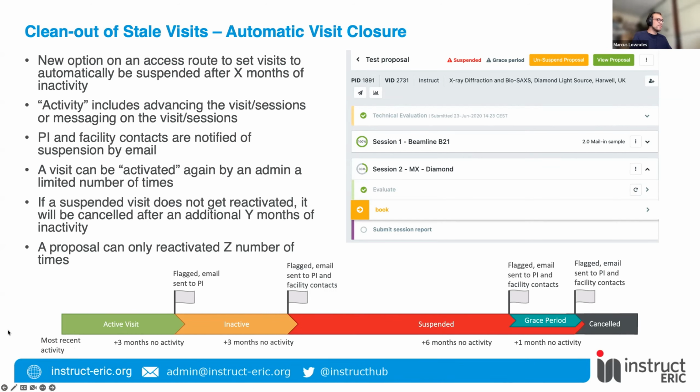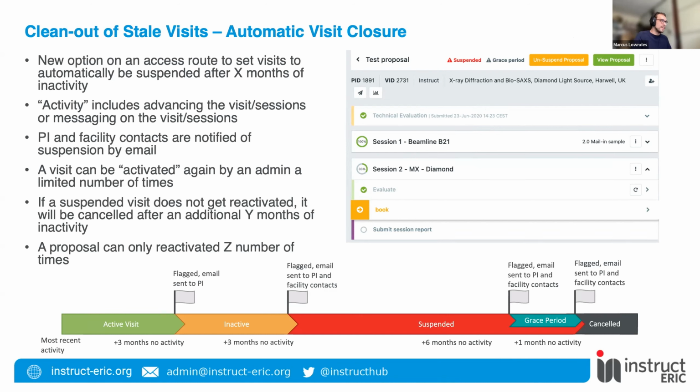So let's say you've got a visit. It's been stuck on a booking step, and a booking's tried to be arranged, but nobody's heard from anyone for about 3 months or so. Then the visit would be considered inactive. You guys probably won't see anything change other than a little inactive flag appear on the visit, either on the visit page or on the little visit box on the management page or the proposal page.